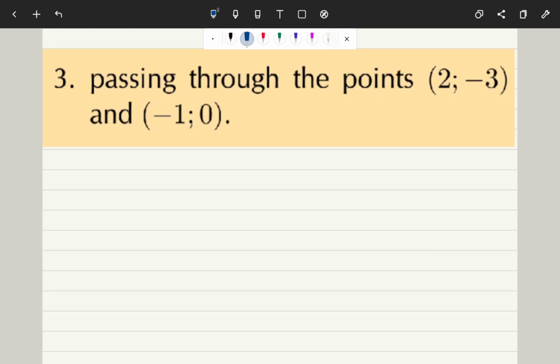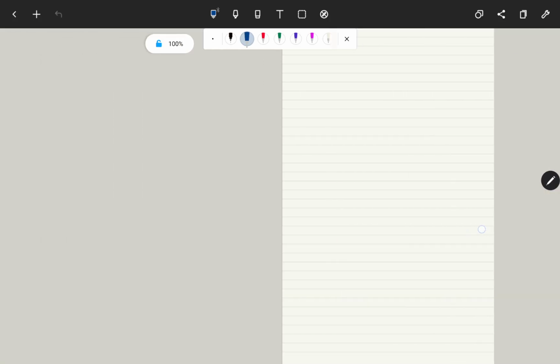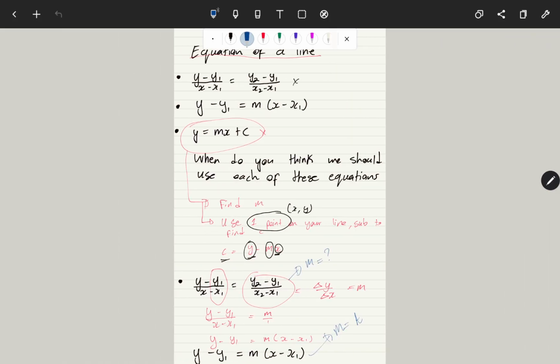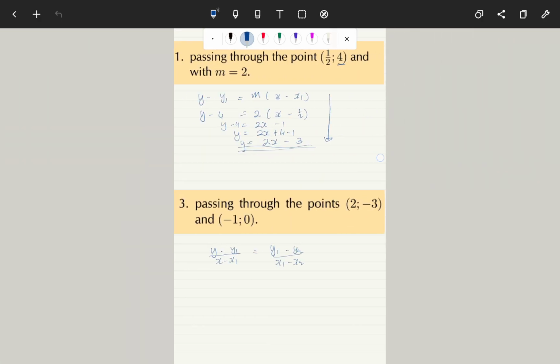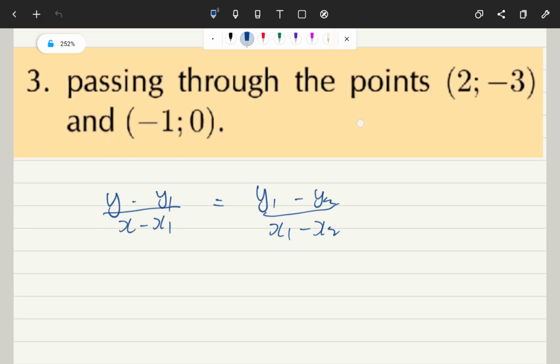But let's use the new formulas we just learned. We have y minus y1, x minus x1, equals y1 minus y2 over x1 minus x2.